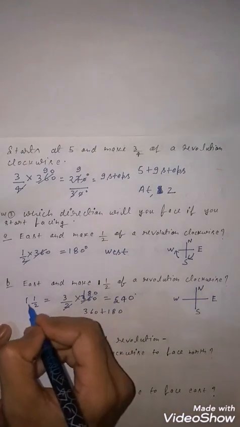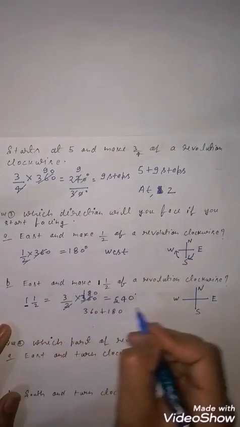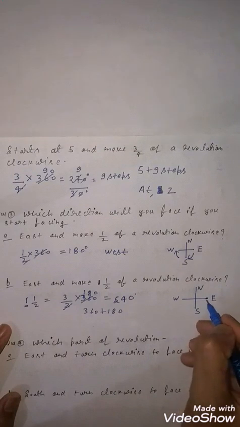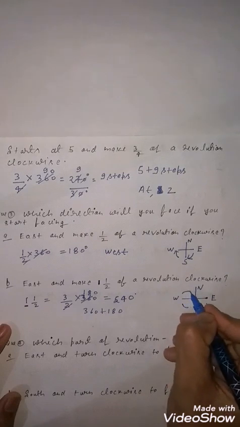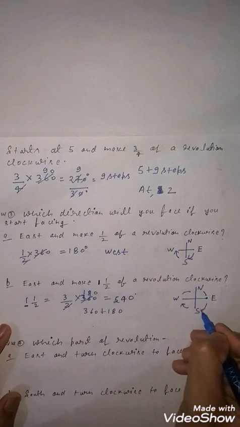Easily here you can also see 1 means 1 full revolution. So if east is given and a person completes a full revolution, one revolution here, another, another, and another. Total full revolution completes 1 revolution.